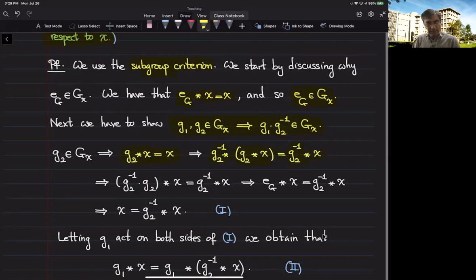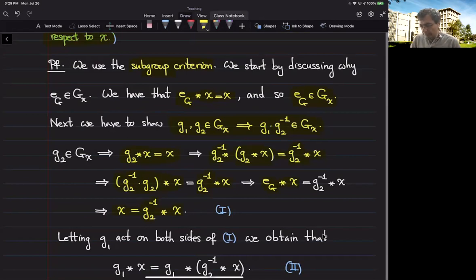Using the fact that the action is compatible with group operation, I can drop one of these stars, put the parentheses around G2 inverse and G2, and that way I end up getting the neutral element of the group G. We know the neutral element fixes the point X, so this is altogether simply X. And on the other side, I get G2 inverse star X. So we get that G2 inverse also fixes the point X, so it belongs to G sub X. But this is not what I'm interested in.